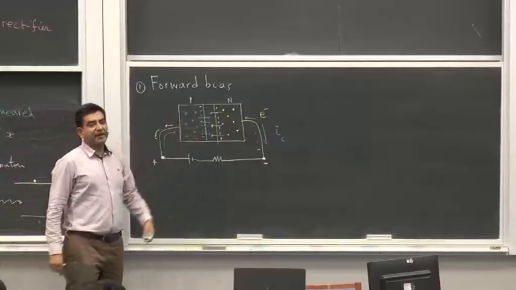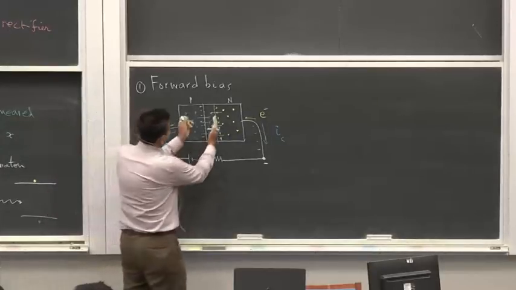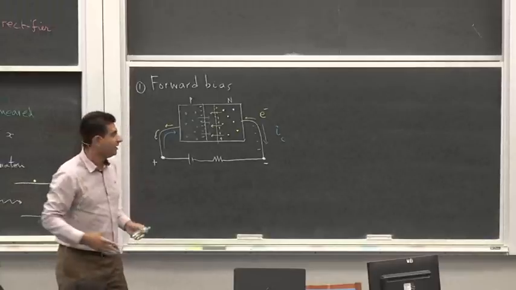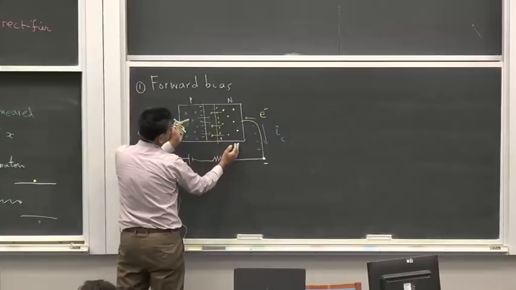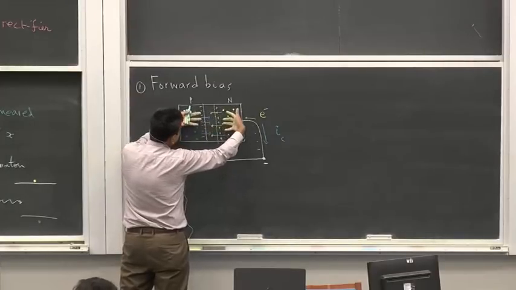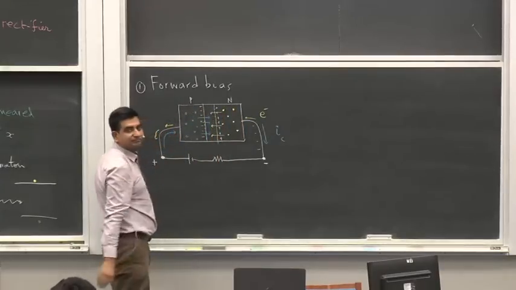So when you forward bias this diode, conduction takes place. As a result of conduction, this depletion region is shrunk. Because the negative terminal of the battery is going to repel these electrons and they're going to move towards the depletion region. So this region is going to shrink.